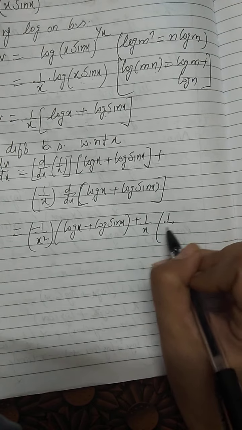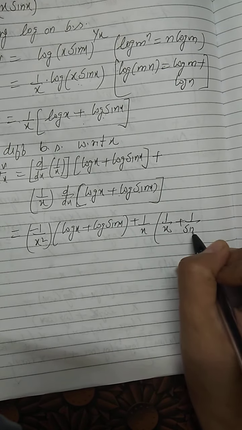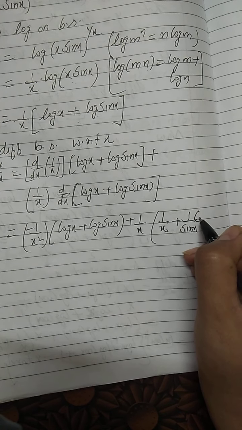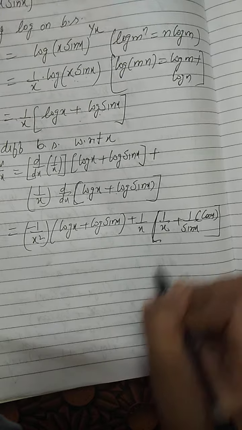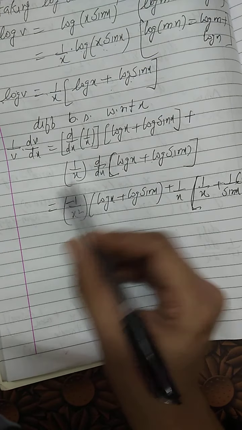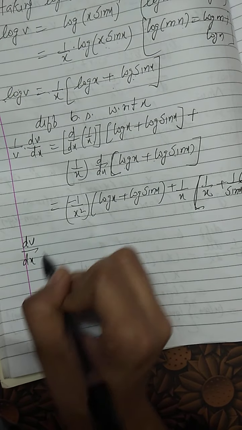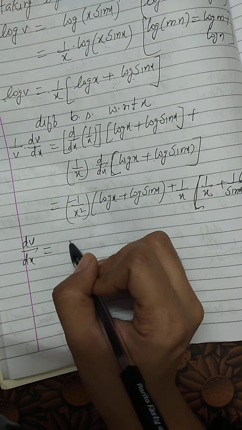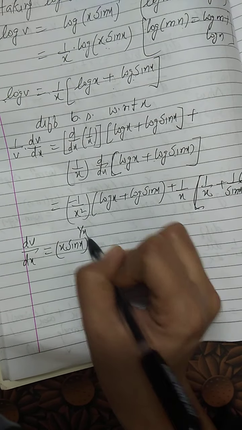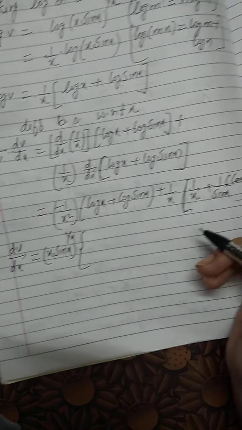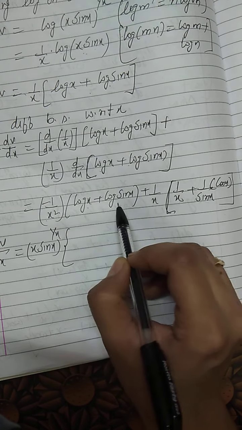Derivative of log x is 1 by x, derivative of log sin x is 1 upon sin x, into derivative of sin x, that is cos x. So our complete derivative of v, that is dv by dx, will be v. The value of v is (x sin x) whole power 1 by x, and in the bracket what we are getting, let us multiply this minus 1 by x square with both the terms.